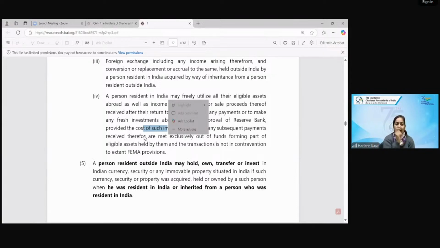So you can write down at the side of the fourth point: if a PRI has an asset in a foreign country and sells this asset, he can freely utilize the amount he has received from the sale. No permission or approval of RBI is required. Is that clear, all of you?